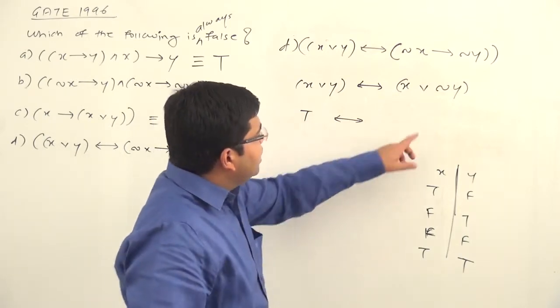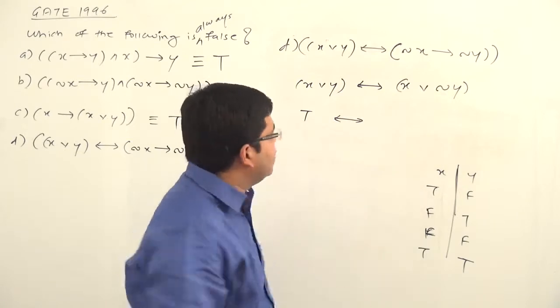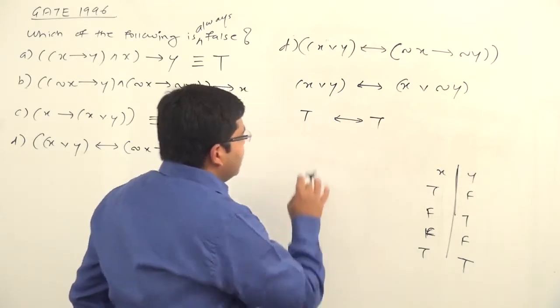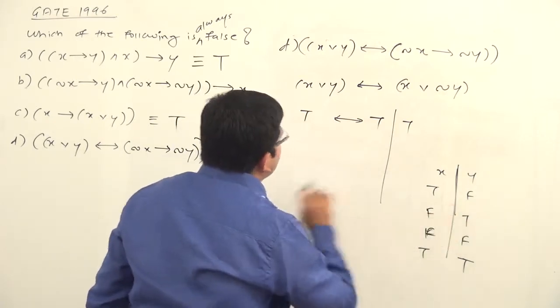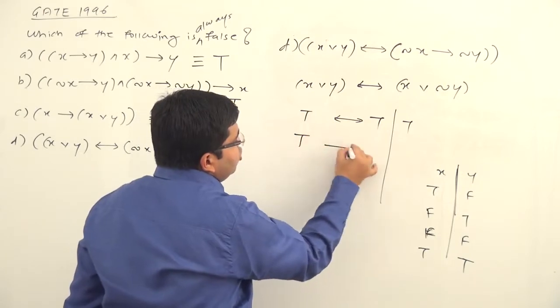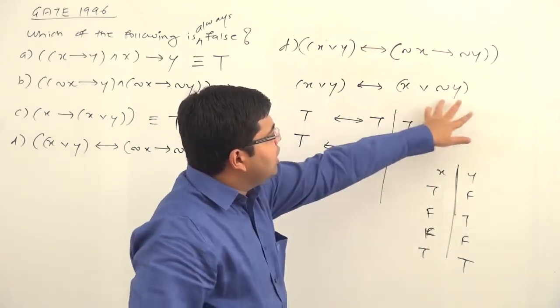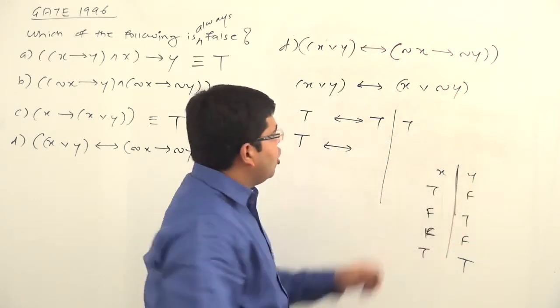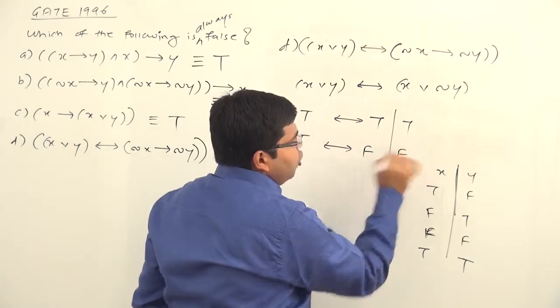Double implies, here it will become true or negation false, which is true. True double implies true is true. Now if you apply false true, x will become false, y will become true, so this side will become true, and on the other side x will be false, negation of true will be false, so this will become true double implies false, which is false.